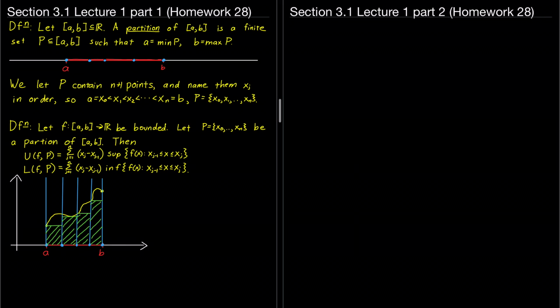You take the highest point in each of these little regions. Then your rectangles are going to be a little bit bigger because you've got some extra area on top. And that gives you your upper Darboux sum.